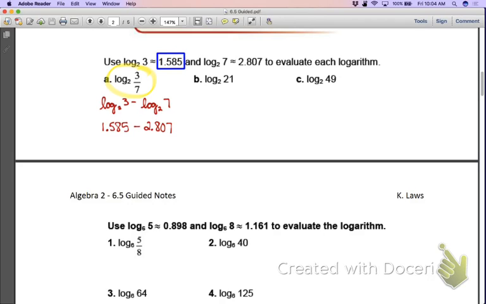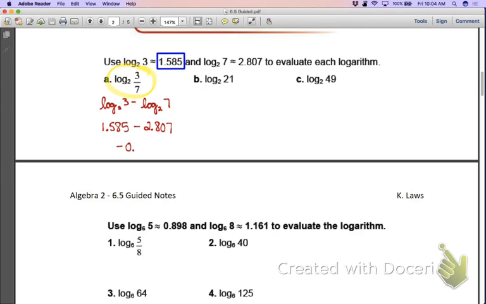Subtract the two values. I'm going to be at negative, what, 0.8? 0.7? 48? Is that right? What's my value?